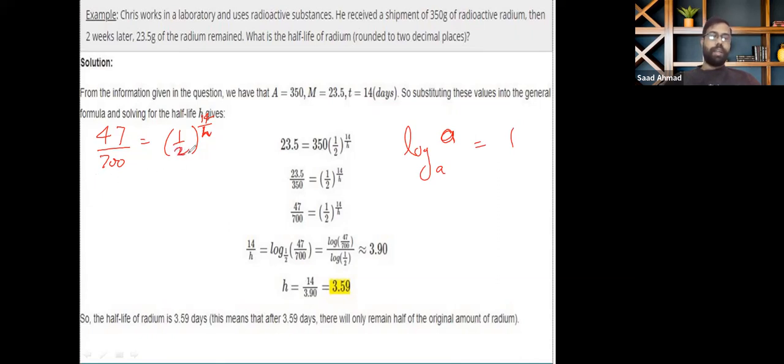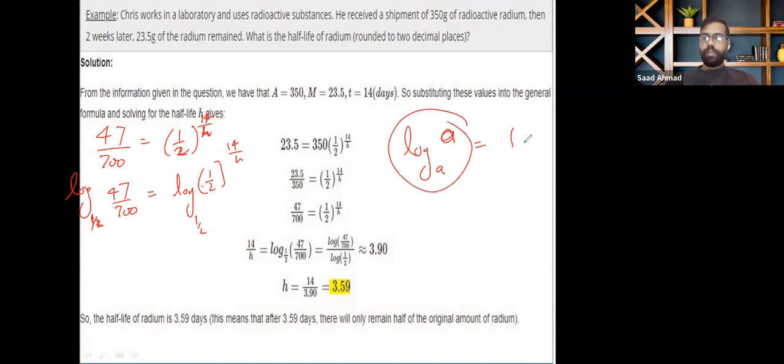There is a point in taking base 1/2, because when I take log base 1/2 of 1/2 to the power, by this rule, this will cancel out, and this will cancel out.